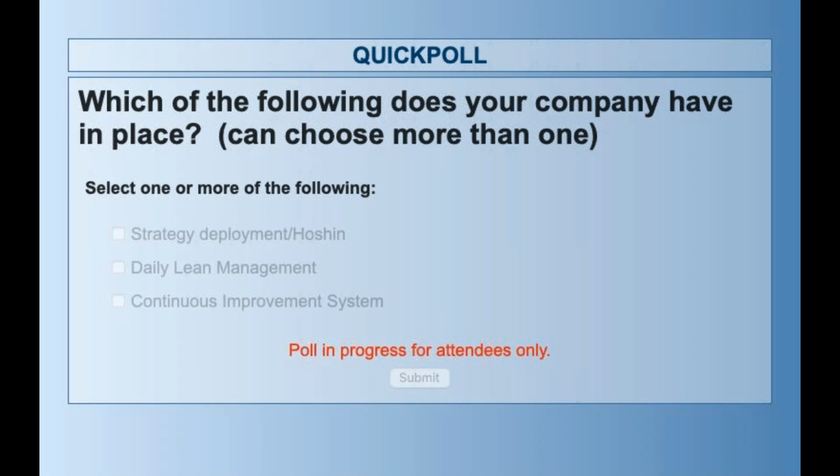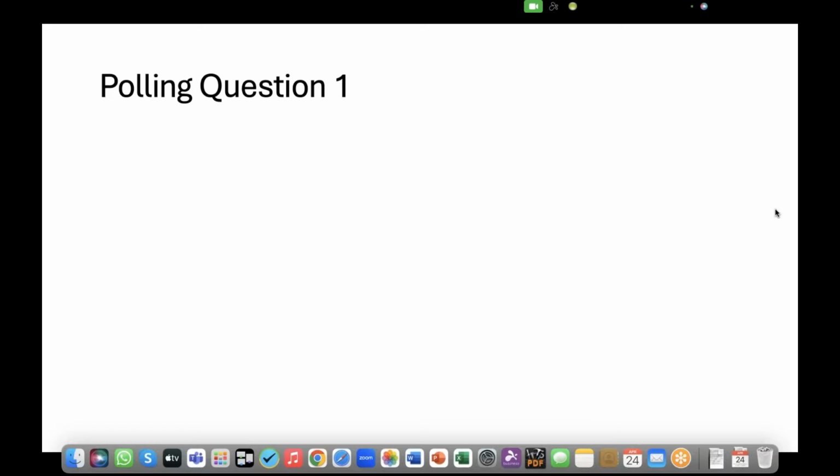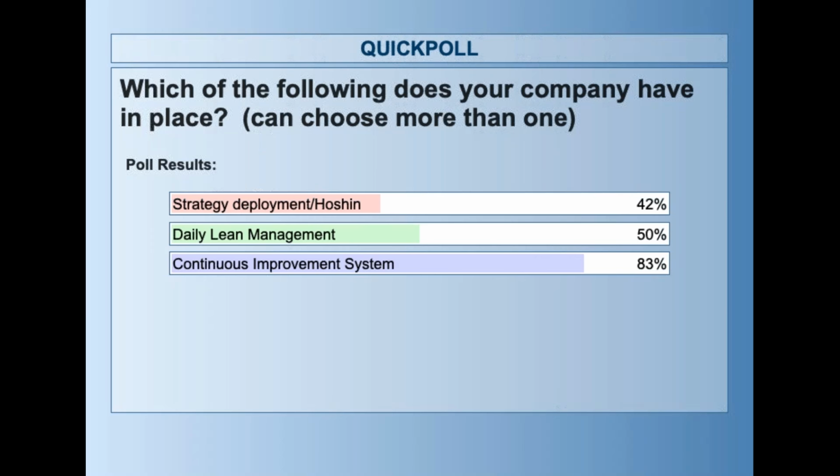All righty, I'll give you a few more seconds to respond. All right, so those are the responses. It would be interesting to know how effective you think these are.